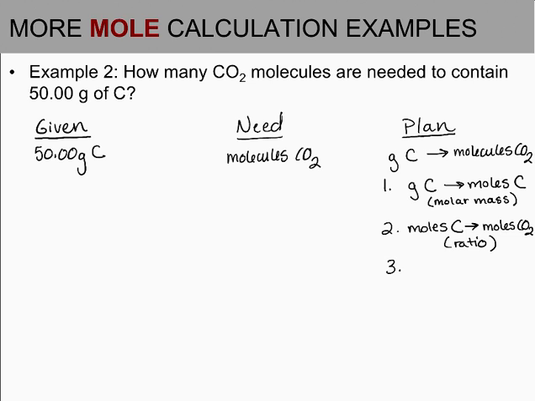And then in our third step, we can finally go from moles of CO2 to molecules of CO2. And we're going to do that using Avogadro's number. Okay, so this is going to be a bit of a longer problem.